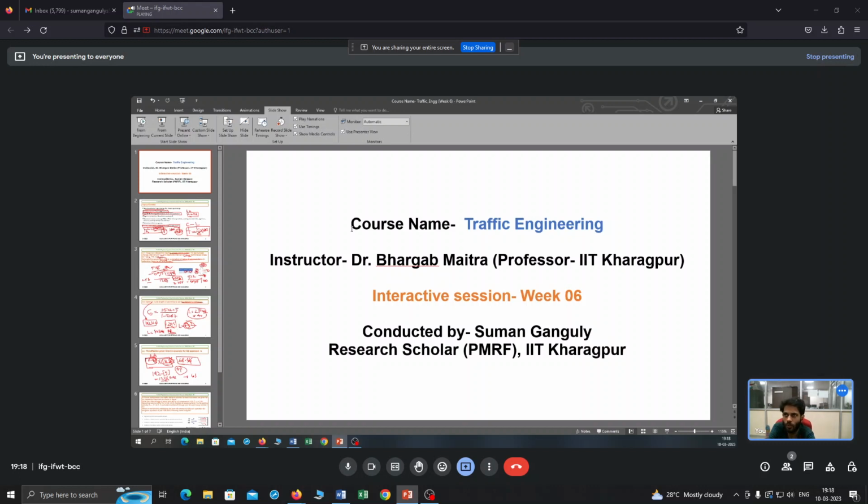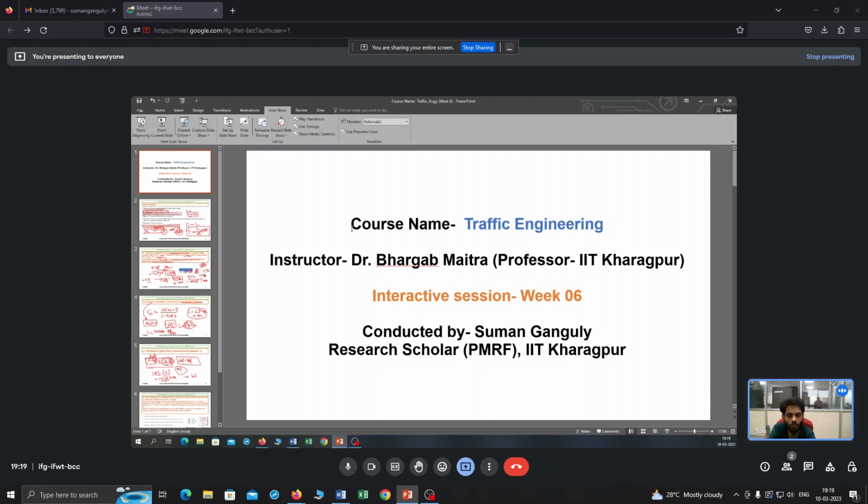Next week also we shall continue this signal control, and we will finish the signal control, right? And then we move forward to the traffic management measures. Week 8 is about the signal.